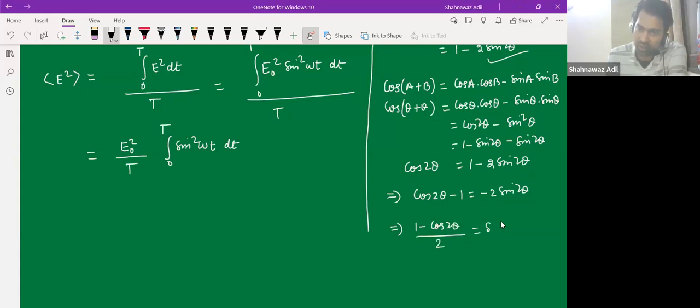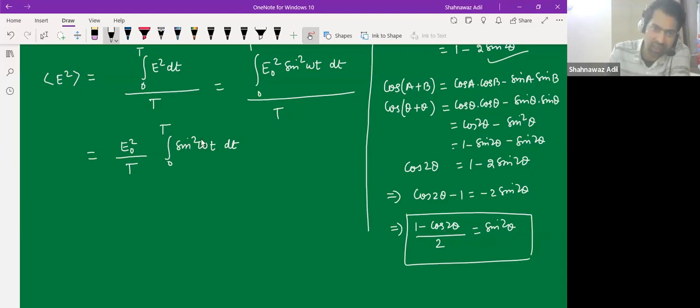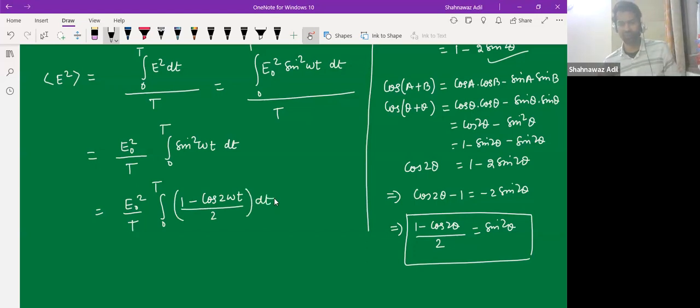That is the sine square theta. So I can write the square function of trigonometry in the linear manner, right? So I can write sine square omega t as 1 minus cos of 2 omega t divided by 2. Is this clear? Good. So now we can integrate this quantity, right?